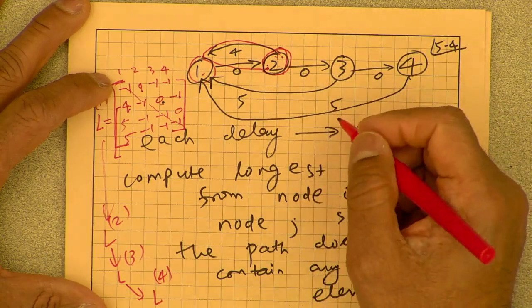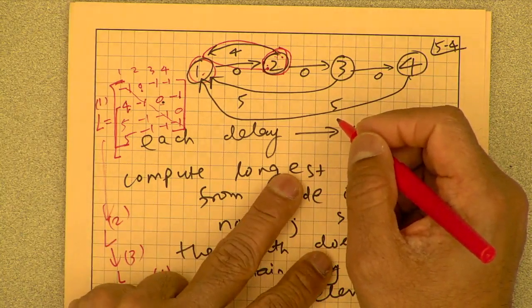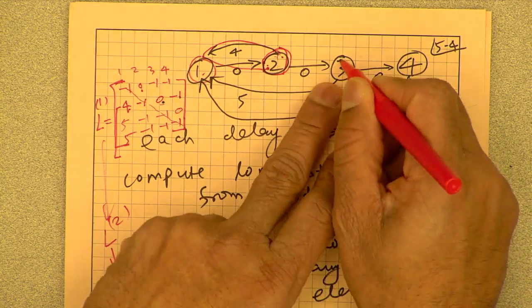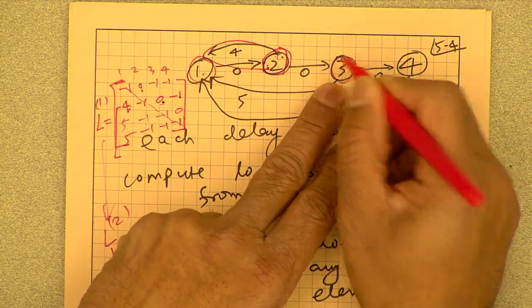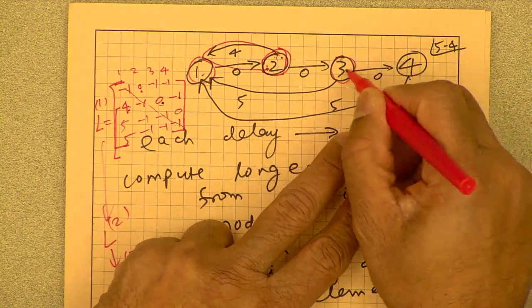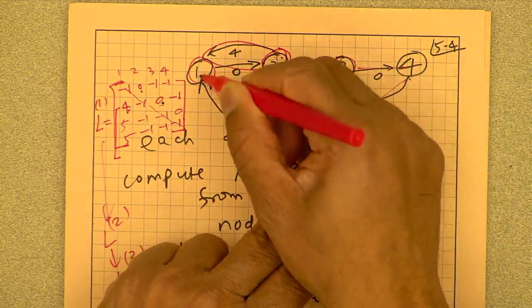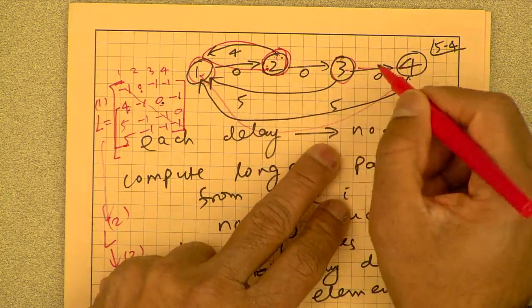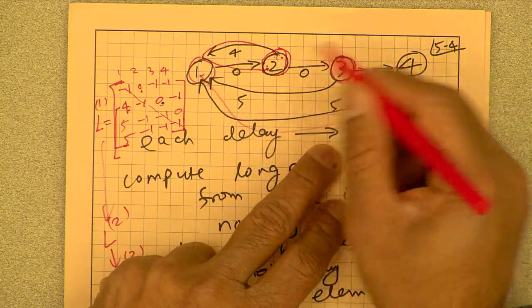L3 will contain the critical paths of all loops containing 3 delays. Why? Because I start with 1 delay and then I go through 2 intermediate delays, so I go through this and then that, and I can't come back, so that is not going to be possible.